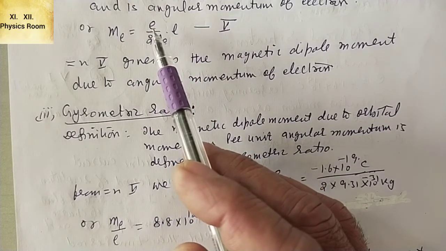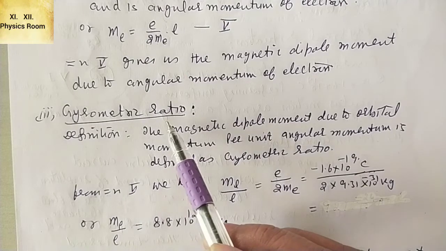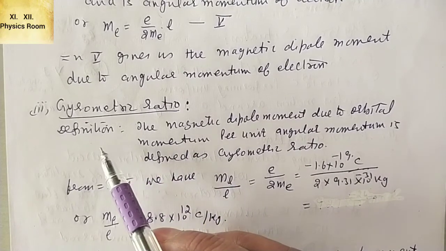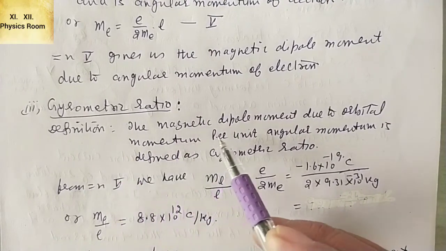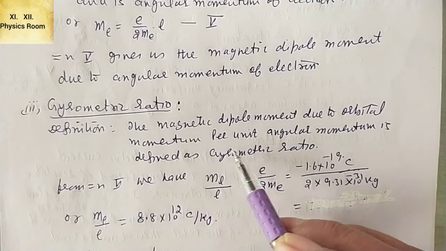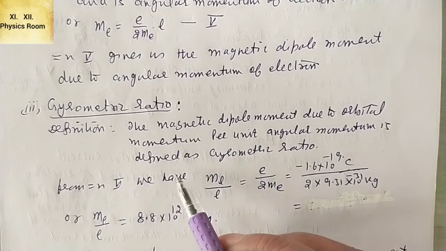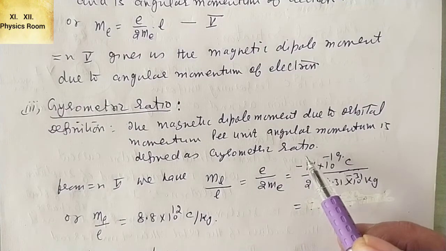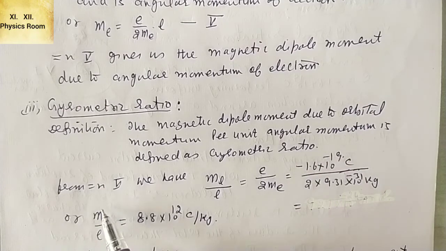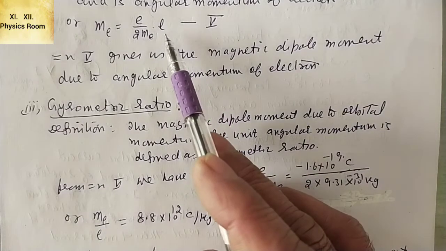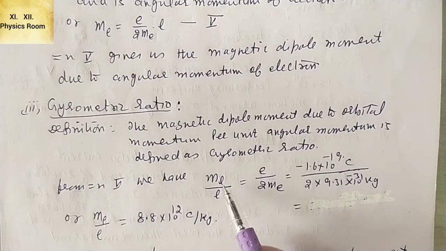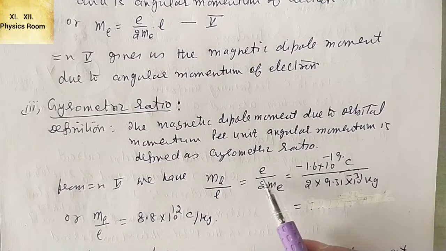Now, gyromagnetic ratio. What is the definition of gyromagnetic ratio? The magnetic dipole moment due to orbital momentum per unit angular momentum is defined as the gyromagnetic ratio. So from equation 5, we have ml divided by L is the gyromagnetic ratio, and it is equal to e divided by 2 me.